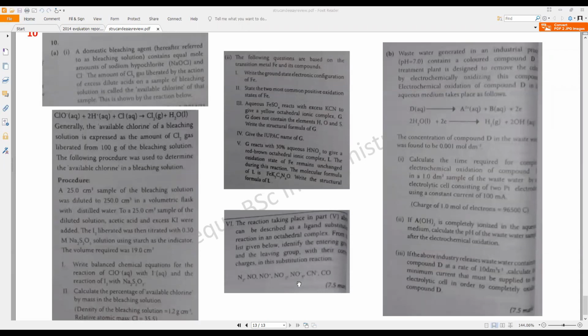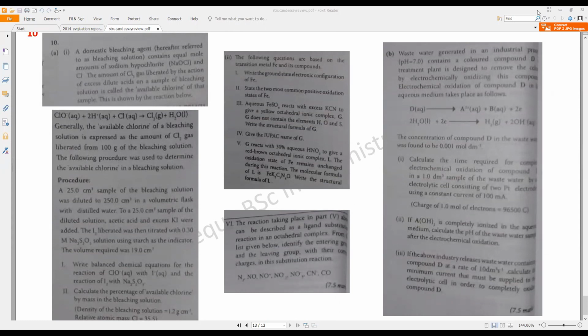CN minus leaves, so -1 charge, CN minus is leaving. And NO is coming from HNO3, so basically NO plus, that is why this charge became 2 minus, right? So the entering group is NO plus with the positive charge, and the leaving group is CN minus with the negative charge. Okay, this is essential to understand.